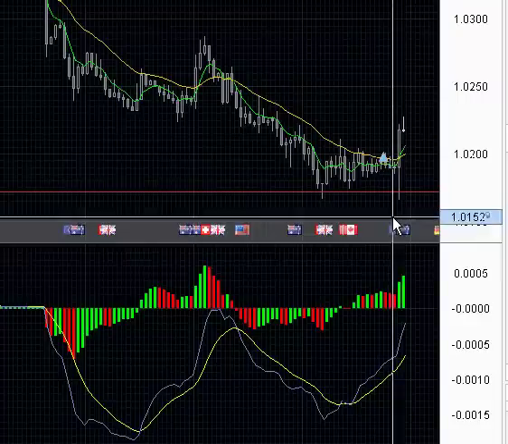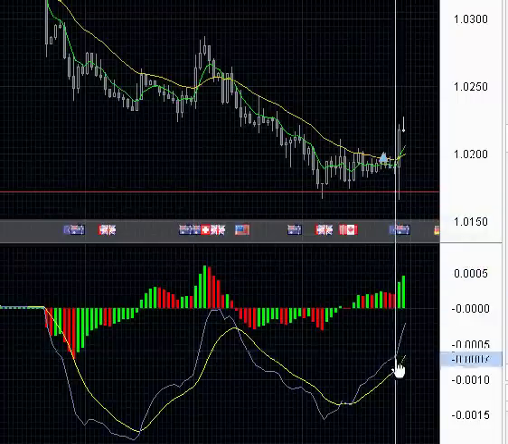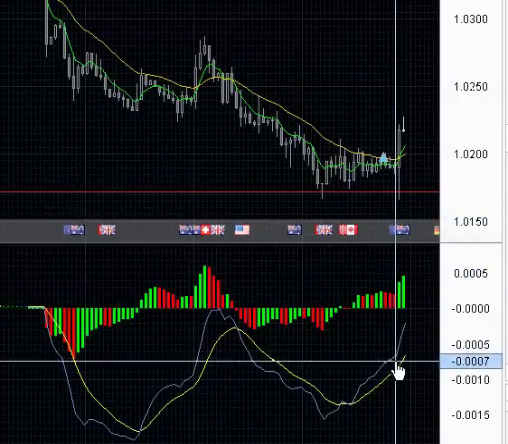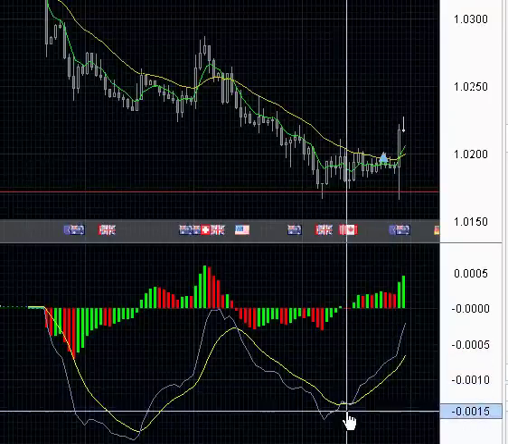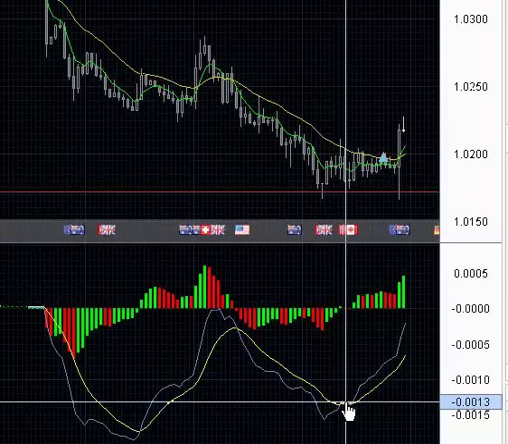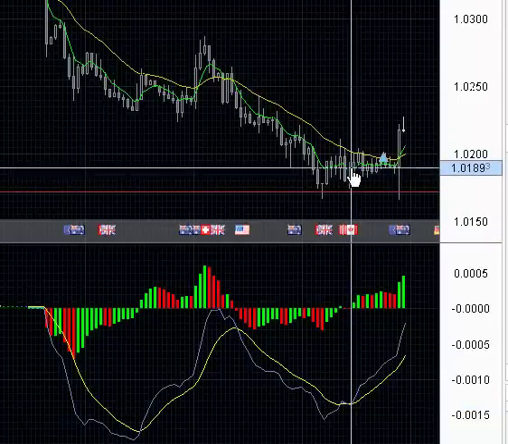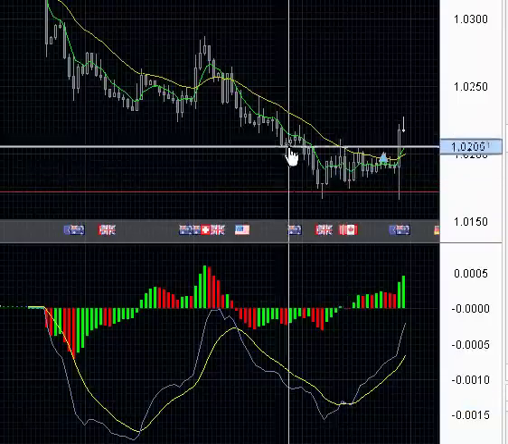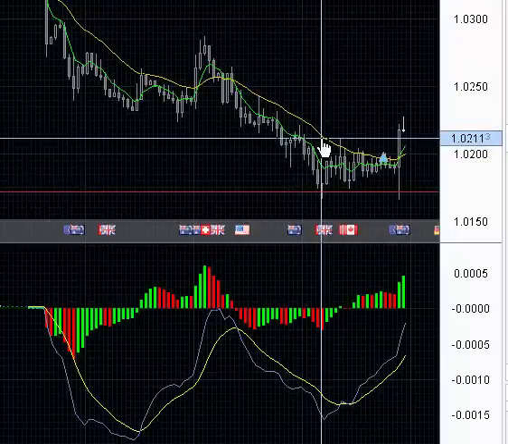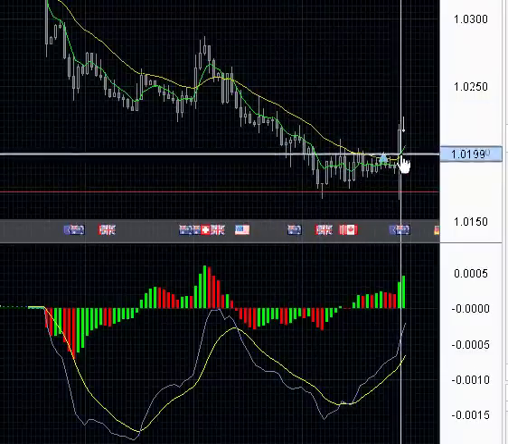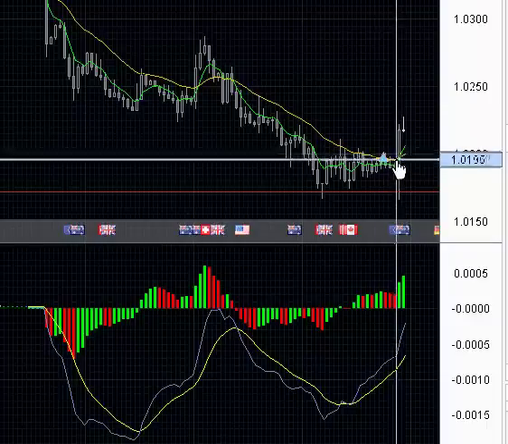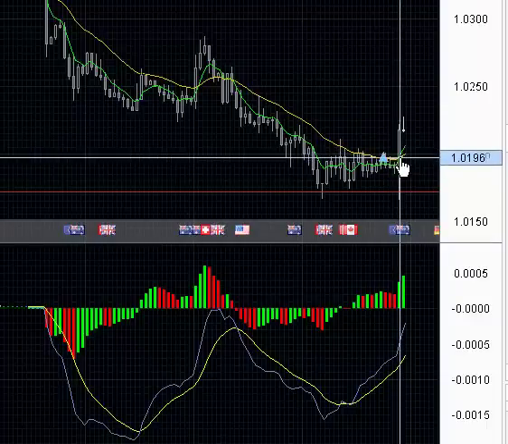If we move down, we'll see that the MACD was already open, so basically it would have got you in earlier, way back here. And if we had solely relied on the crossover for the Aussie US dollar, we would have had an entry of 101.98, 101.99.